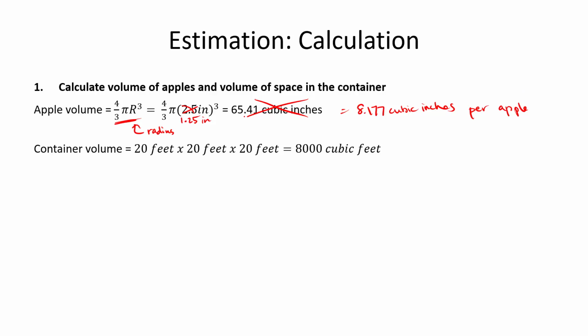You might have thought at first glance that 65 seemed a little high, and that's because I had a small mistake in that calculation. But then here our container volume, if it's a 20-foot square, the volume will be 20 times 20 times 20, or 8,000 cubic feet.